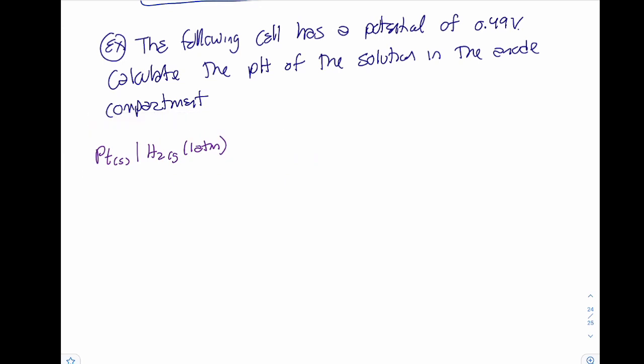And this is going to be an example where we're going to do that. And then I'm going to have hydrogen ions. This is what I'm going to try to figure out the pH from, right? We don't know the concentration. If we did, we would know our pH because we could just take the negative log of that. And then my cathode compartment is using mercury 2 chloride.